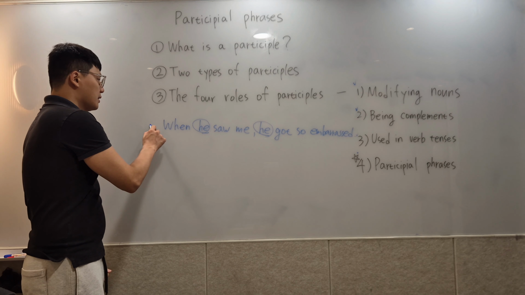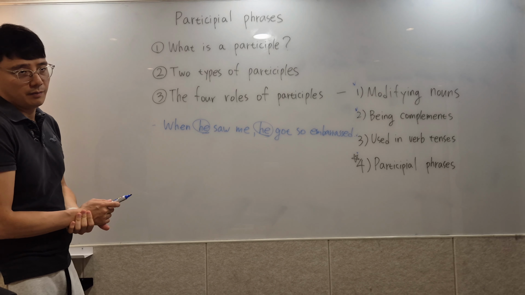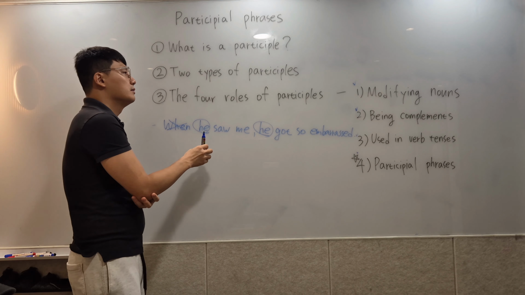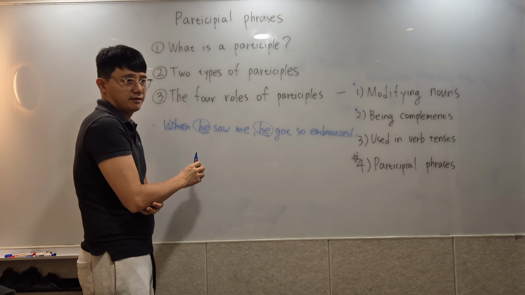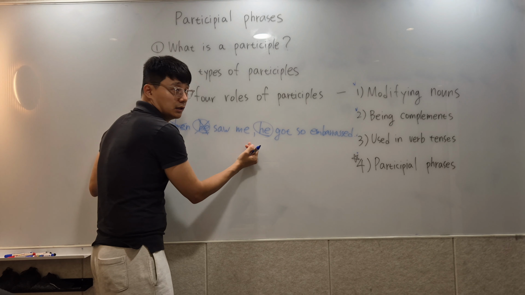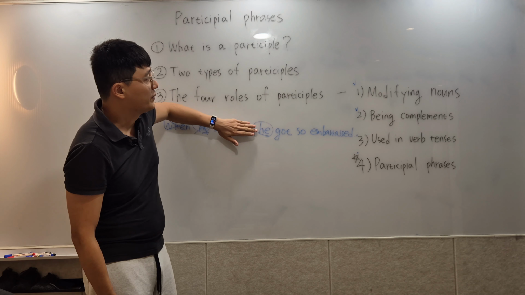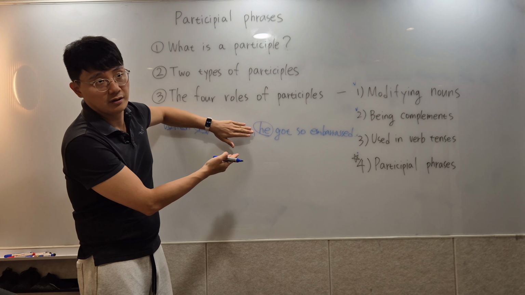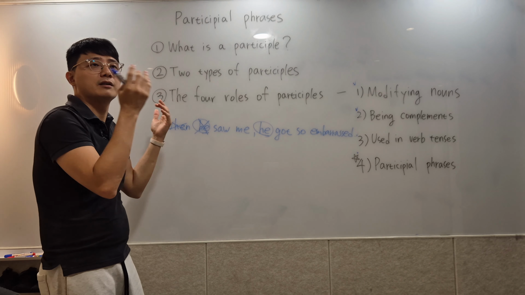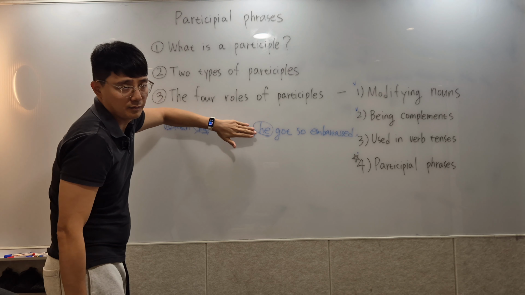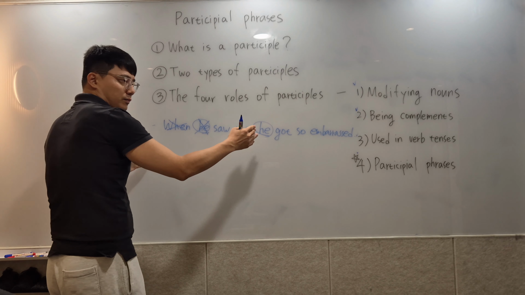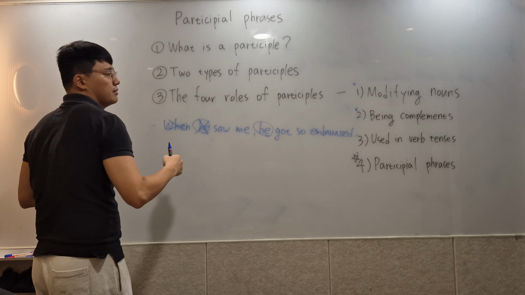In "when he saw me, he got so embarrassed," just get rid of the conjunction. And if you find the common element, eliminate it from the dependent clause, which is an adverbial clause. Even without this clause, the sentence is clear: he got so embarrassed, whether he was sleeping or when he saw me. So the main clause is "he got so embarrassed." You can get rid of the other clause, but we put it there to make the sentence more precise, right?